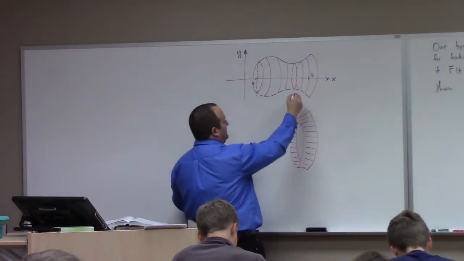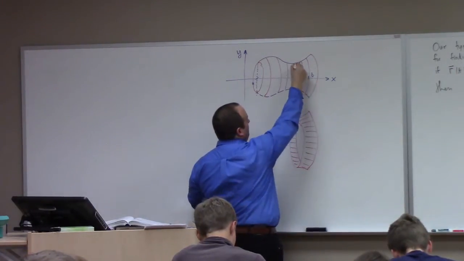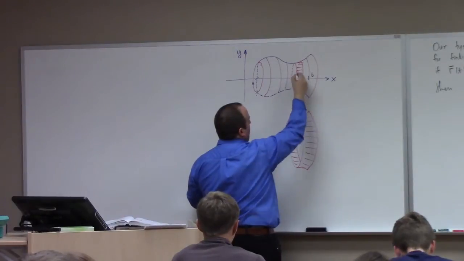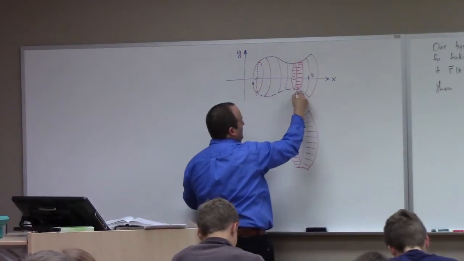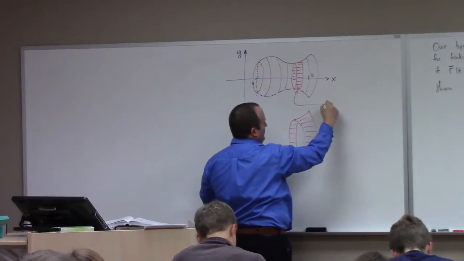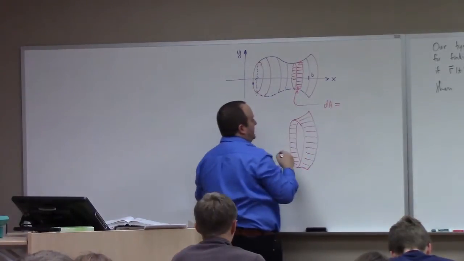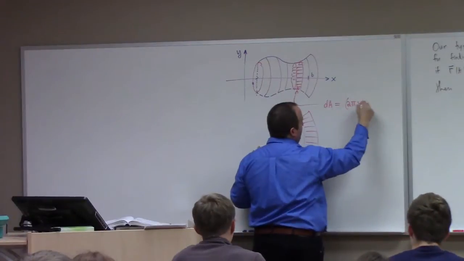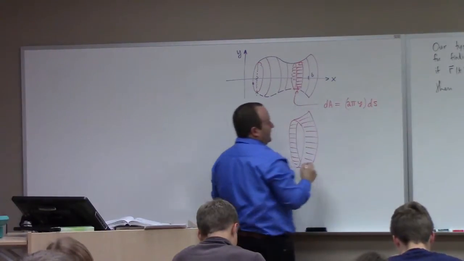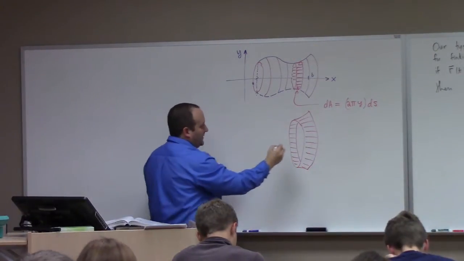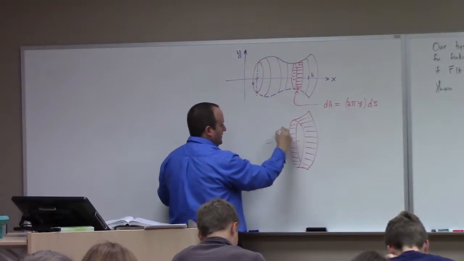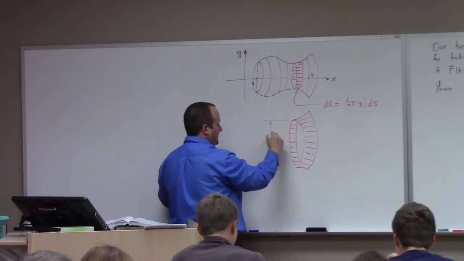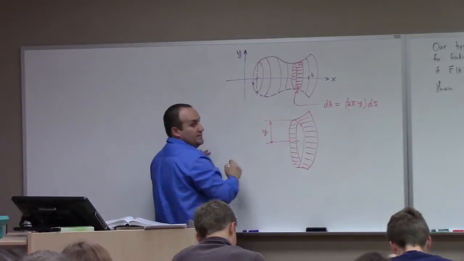It's convenient to think about that first in terms of arc length. So the little bit of area from that is going to be given by 2 pi y times ds. So 2 pi y is what? This distance here is y, right?